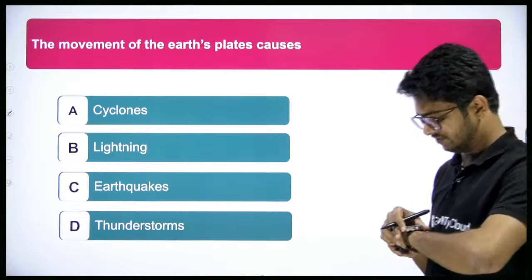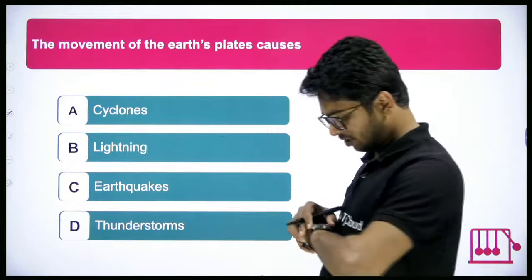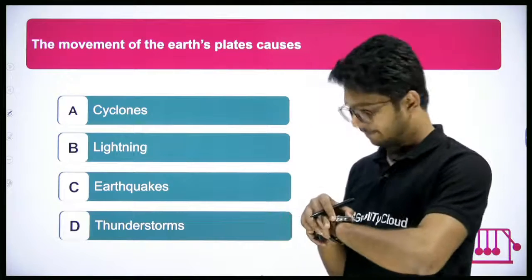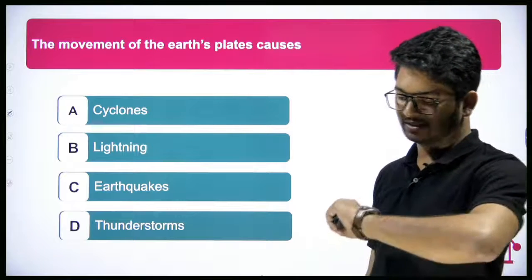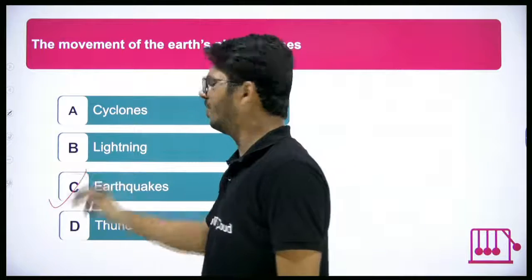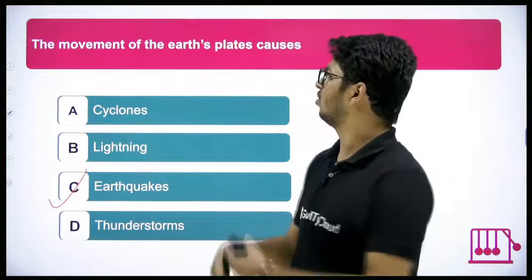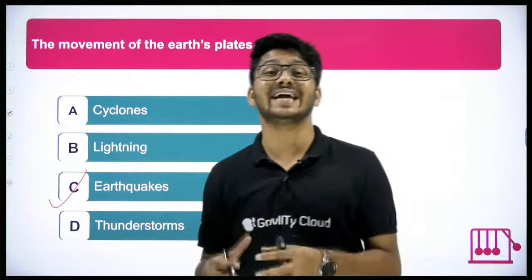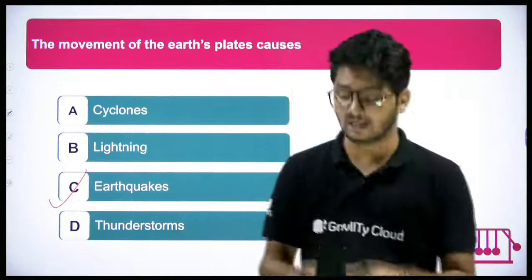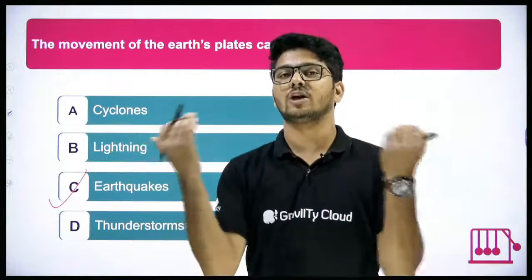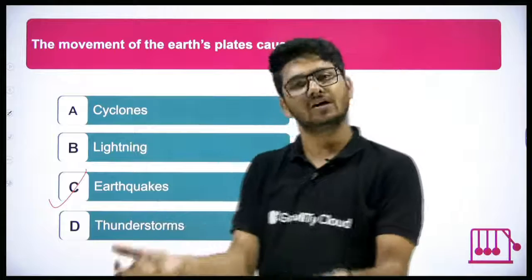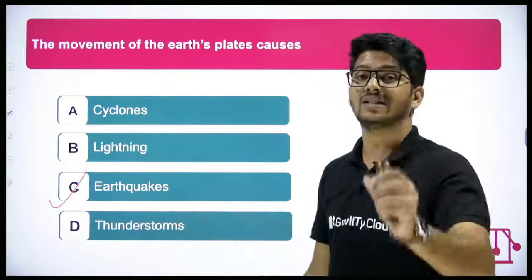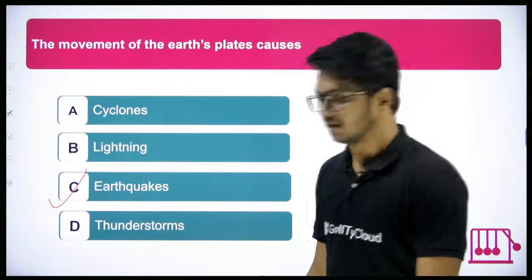The time is up and the answer is earthquake. What do we call them? We call them tectonic plates. When the two tectonic plates collide, they rub against each other, they slide over each other, all of them will lead to earthquake.